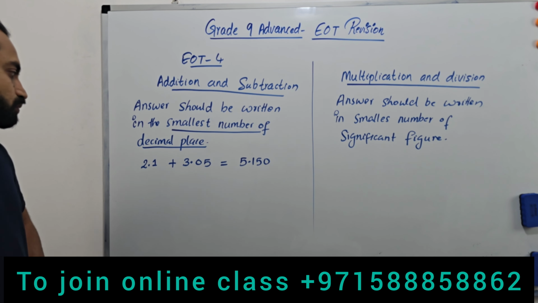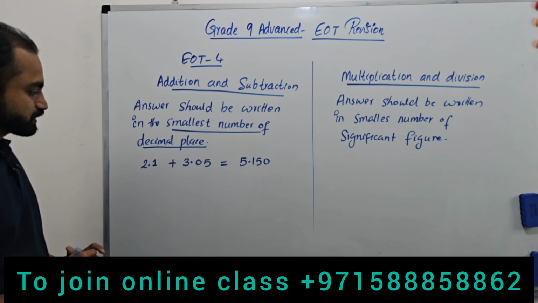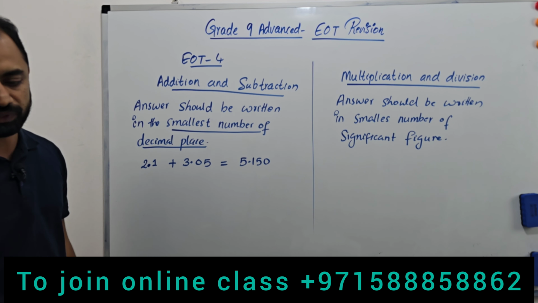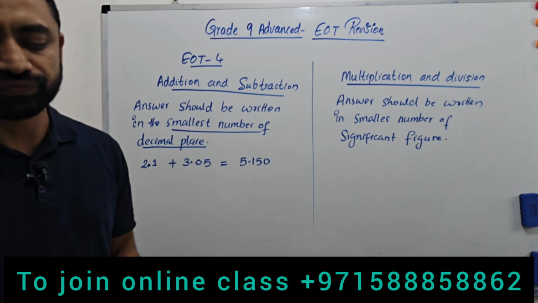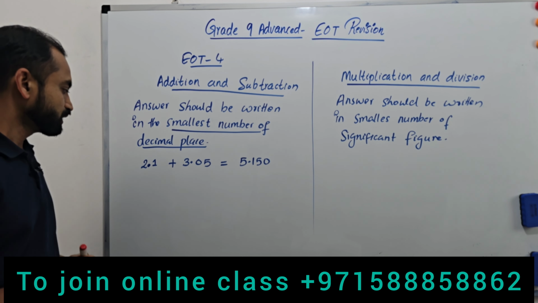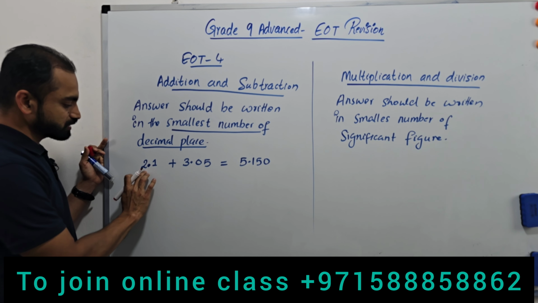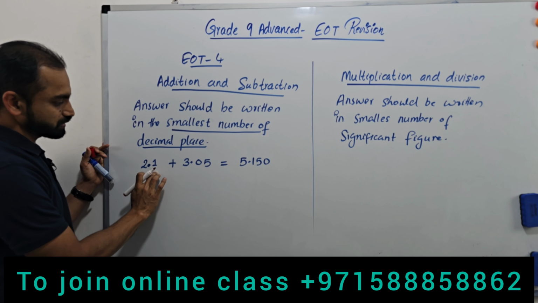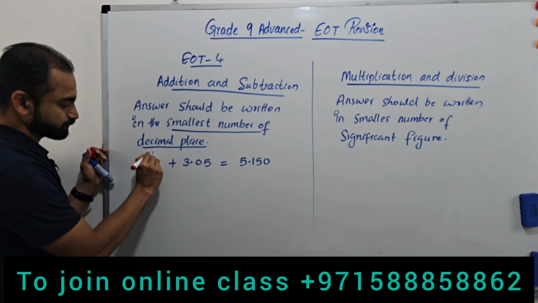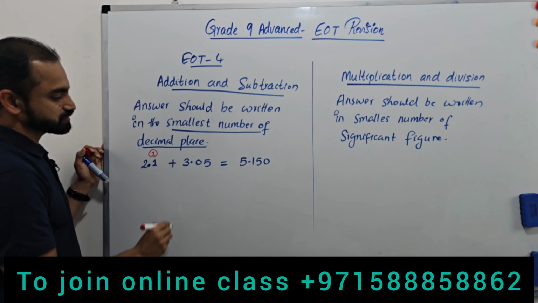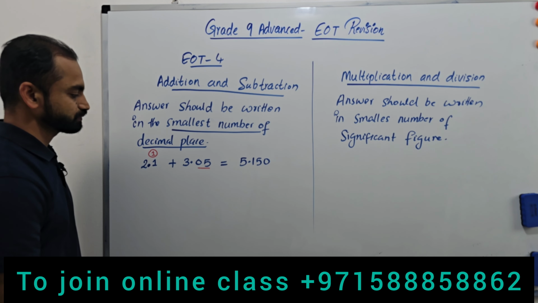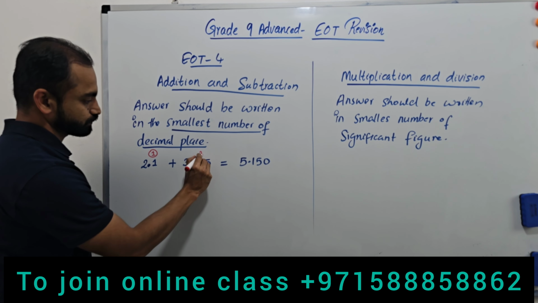Why is it not correct? Because how many decimal places here? Decimal place means number of digits after the decimal. Here there is only one digit after the decimal, so decimal place is 1. Here, how many digits after the decimal? 2.